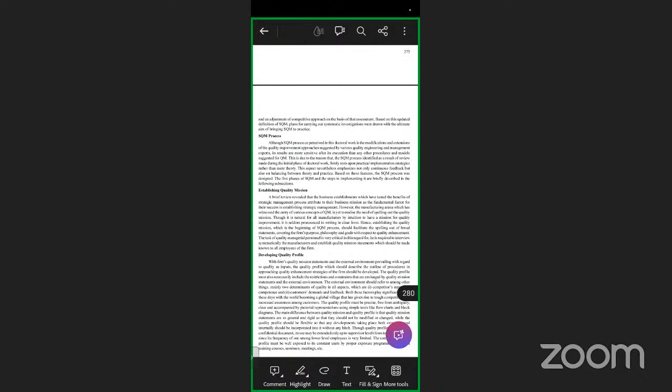This is due to the reason that the strategic quality management process was identified as a result of the review made during the initial phase.